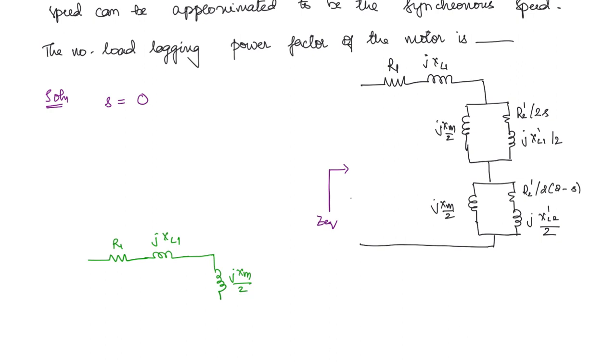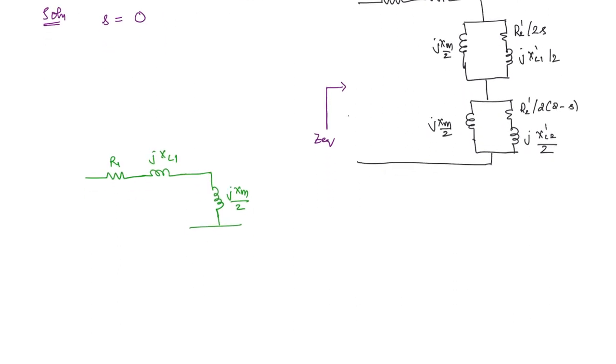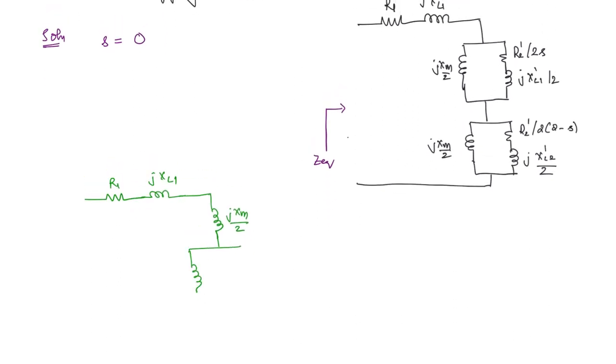What about here? Here when you keep S is equal to 0, you are going to get R2 dash by 4. So this is not going to be open circuited, here it is going to exist. So you can write jXM by 2 in parallel to R2 dash by 4 and jXL2 dash by 2.